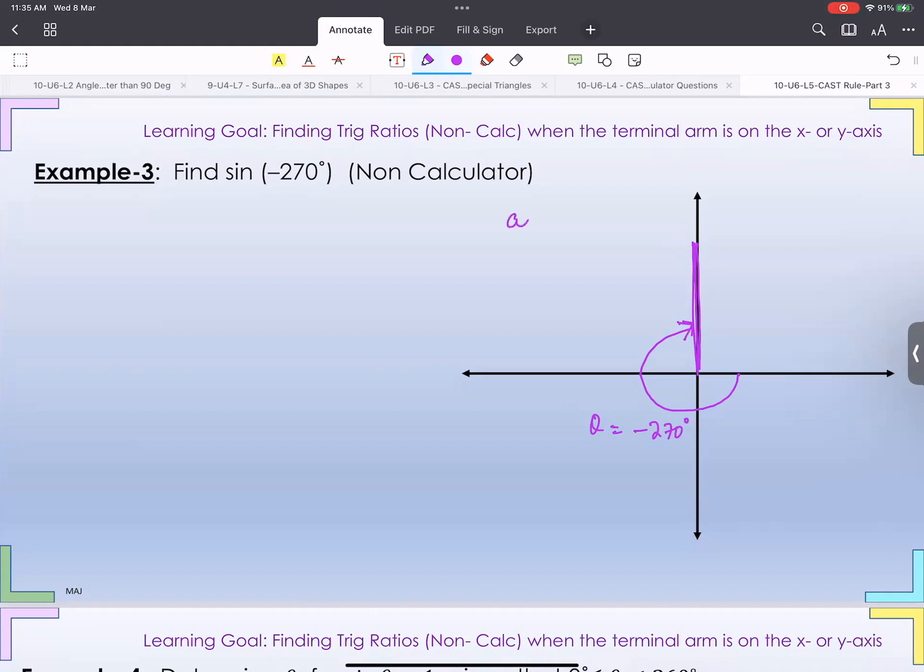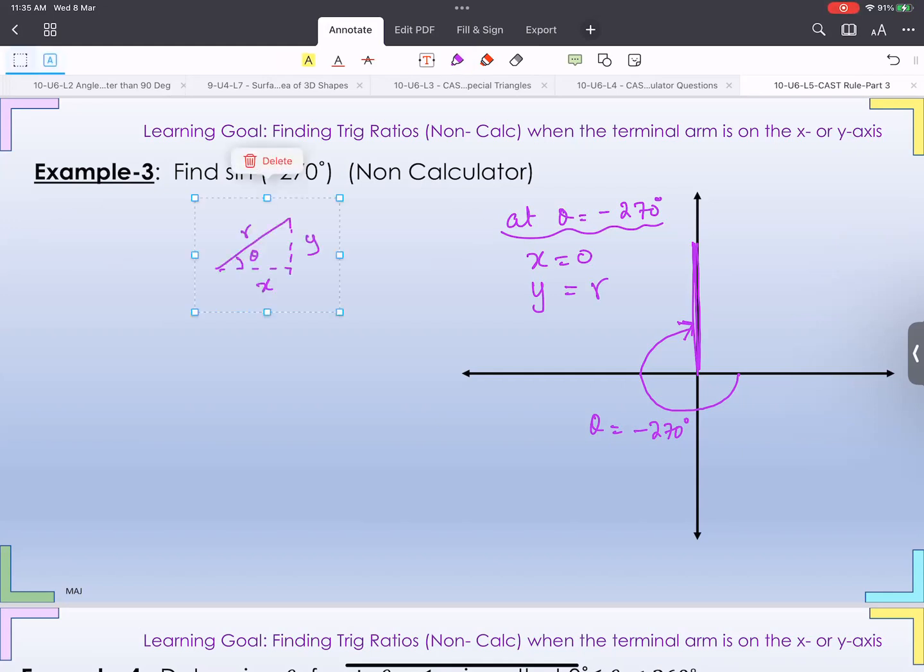Right. At theta equals negative 270 degrees, the x value is 0. Y value coincides with r, so that is that. And sine of theta is opposite over hypotenuse, so y over r.